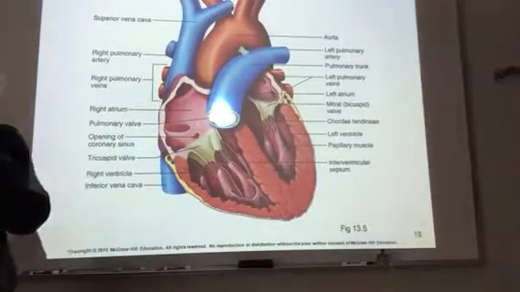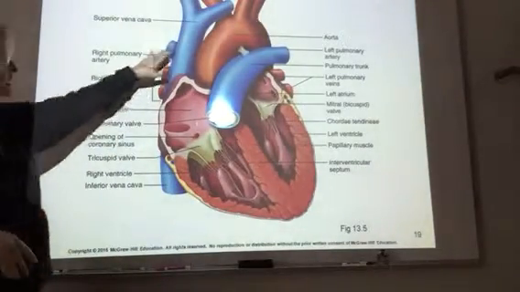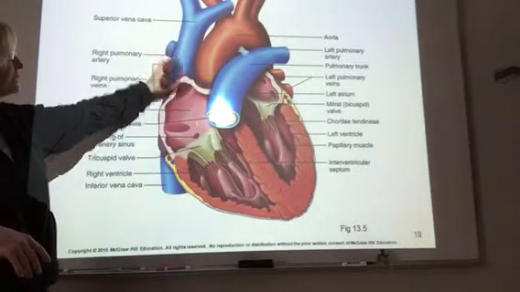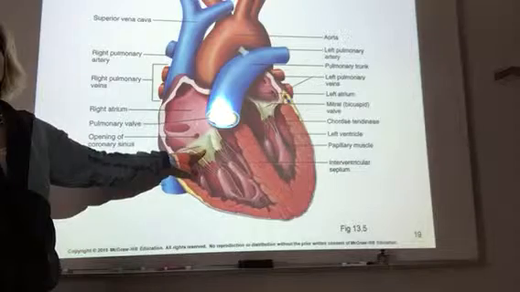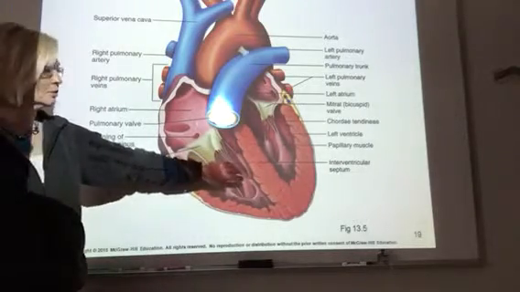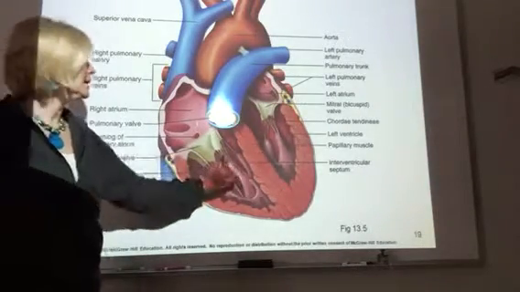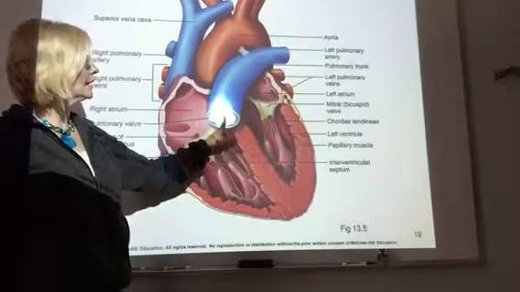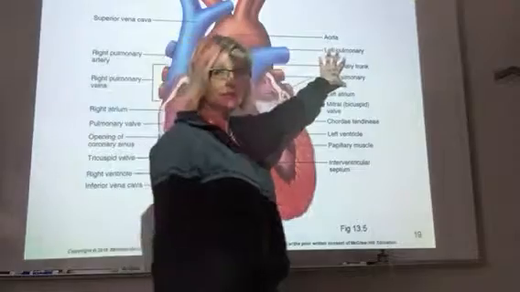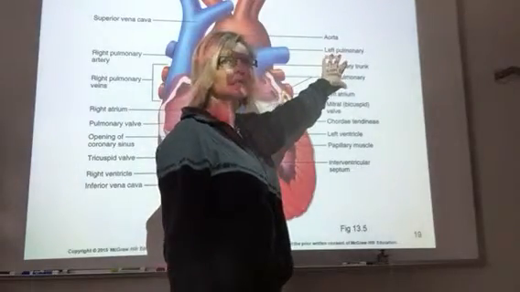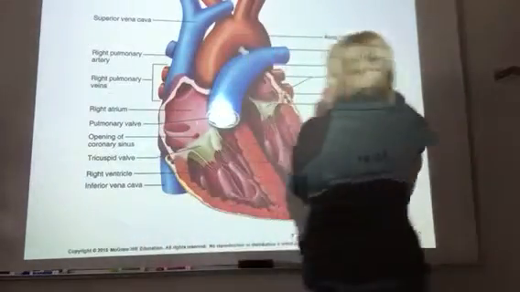So, steps of blood flow. Comes in through the vena cavas, into my right atrium, drops through the tricuspid valve, into the right ventricle, out the pulmonary valve, through the pulmonary trunk and arteries to my lungs. In my lungs, they pick up oxygen.